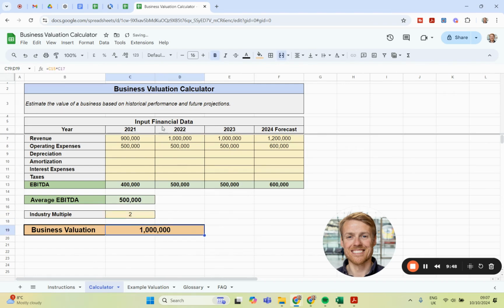Using this example, I've got 1 million. What if it is a 3 times multiple? I've got 1.5 million. If I'm negotiating with a seller, then I would discuss with the seller that the valuation is somewhere between a 2 to 3 times multiple. If I had a 2.5 times multiple, then we've got 1.25 million.